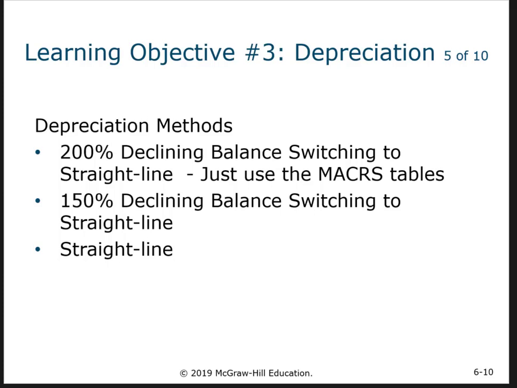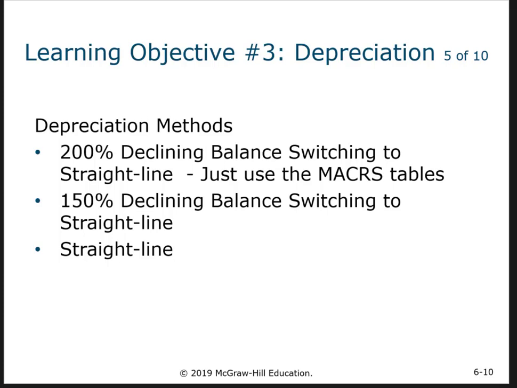All right, if you bought it in 2021, then you're going to use the first year, right? So you go over to the 7-year column, you go down to the first year and multiply by that factor times your amount that you paid for the asset.